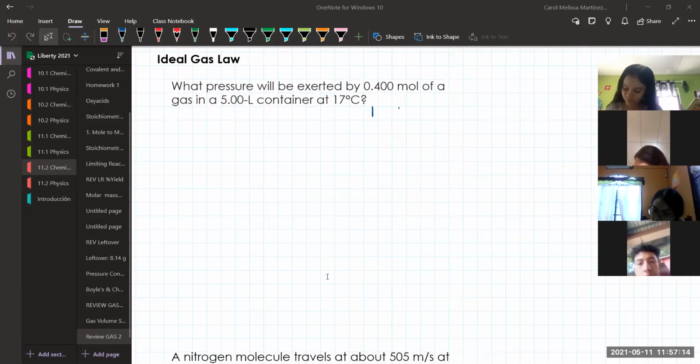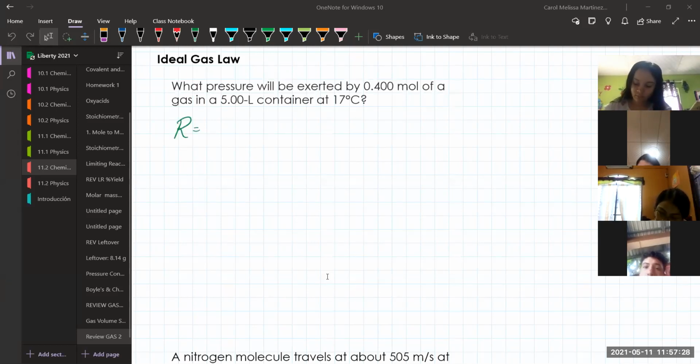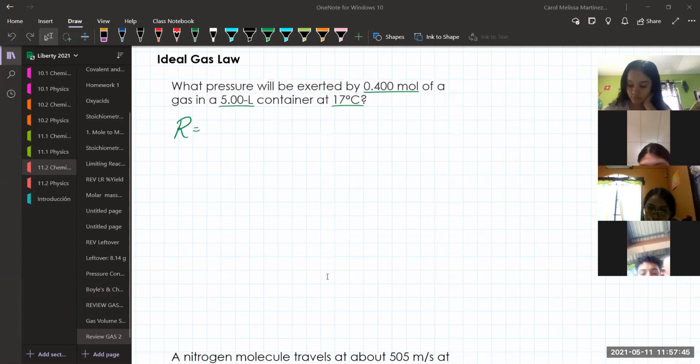For the ideal gas law, we need to use the ideal constant, known as R. This R is going to depend on the givens in the problem. For example, here they're giving you moles, liters, and Celsius. So this is going to help you get the best value for R.